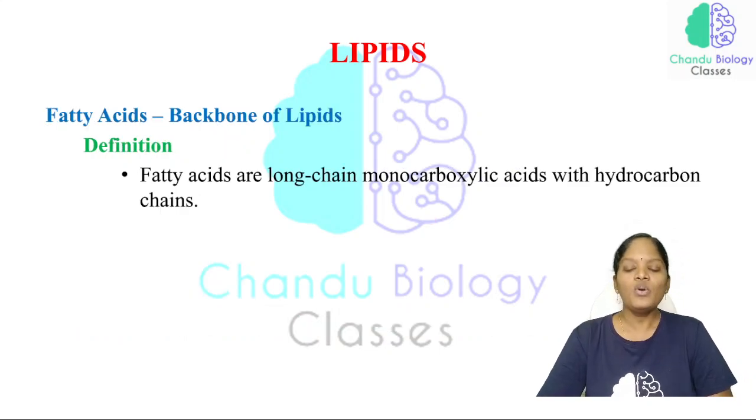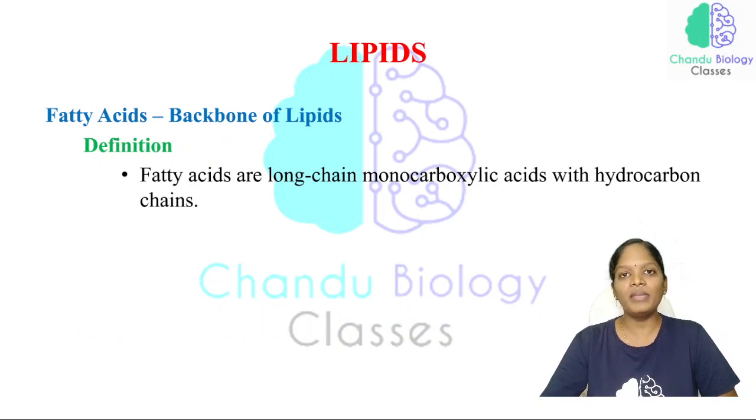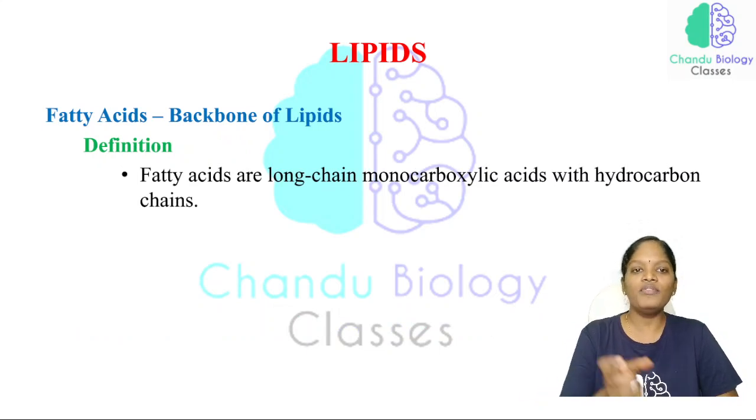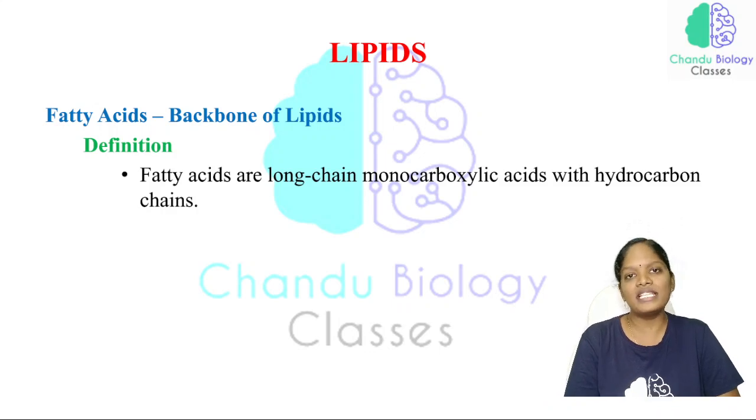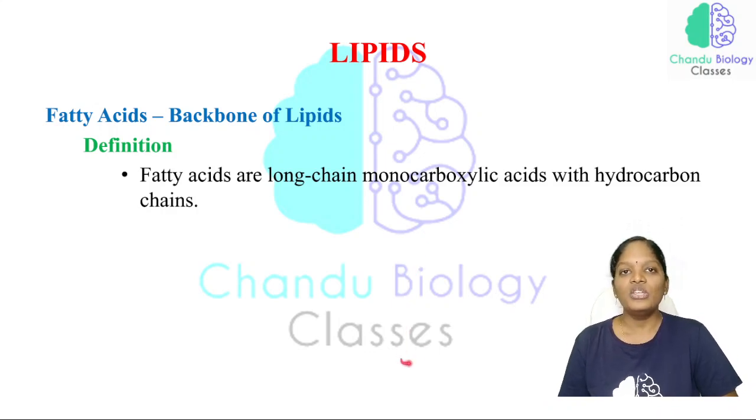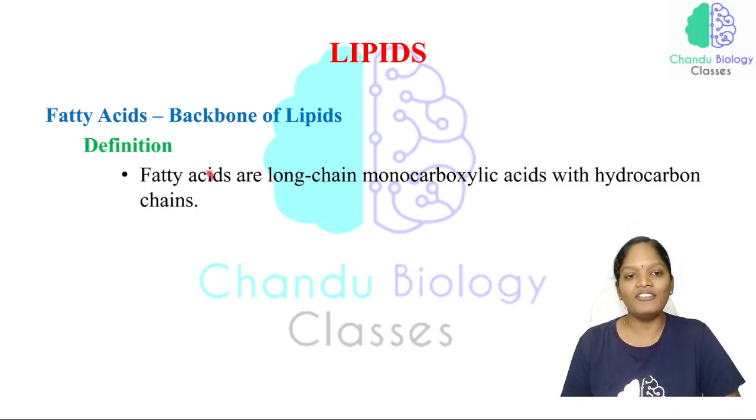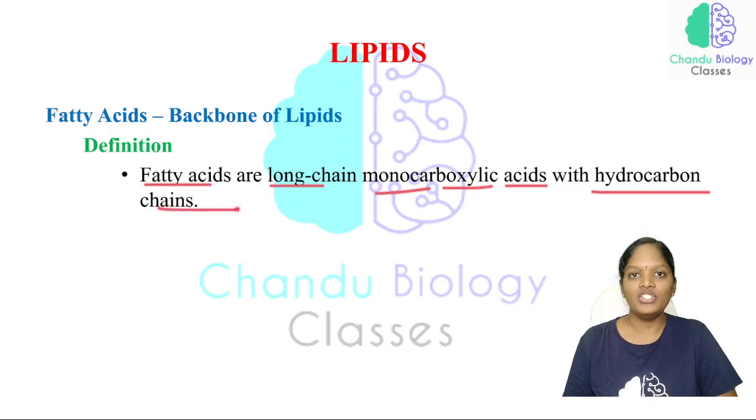Now, we have said that fatty acid plus glycerol together make up the simple lipid, so we should know exactly what fatty acids are. A very important definition: fatty acids are long chain monocarboxylic acids with hydrocarbon chains.